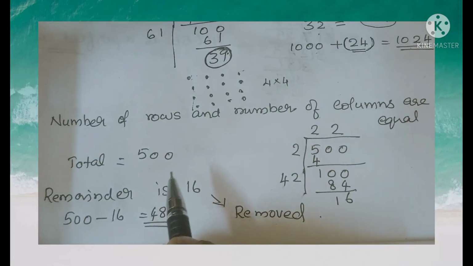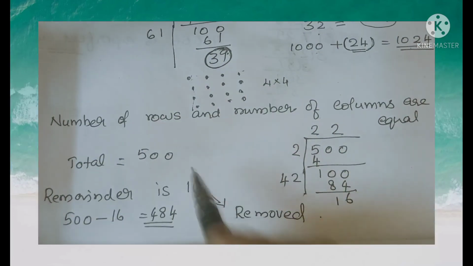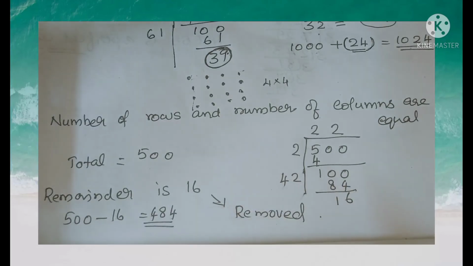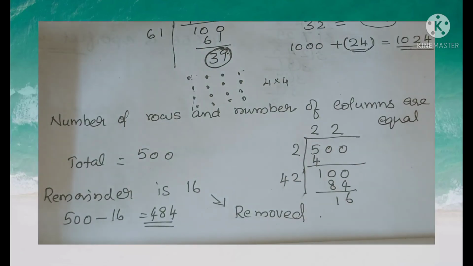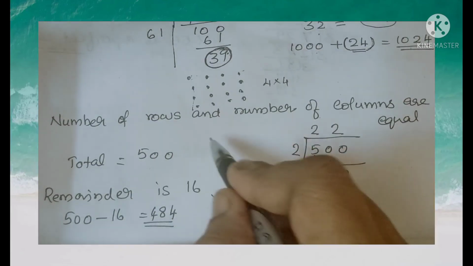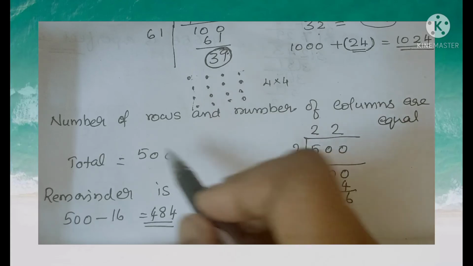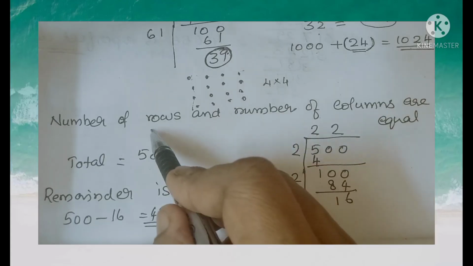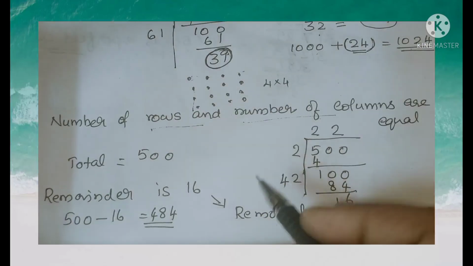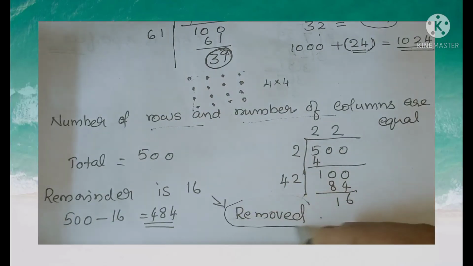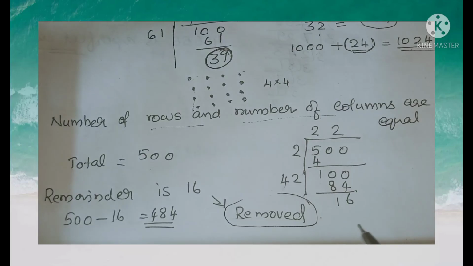Then ninth question, there are 500 students in a school. For a PT drill they have to stand in such a way that the number of columns and number of rows are equal. So the students are standing in a way that the number of rows and number of columns are equal. Here how many students we want to remove to make it a perfect square?